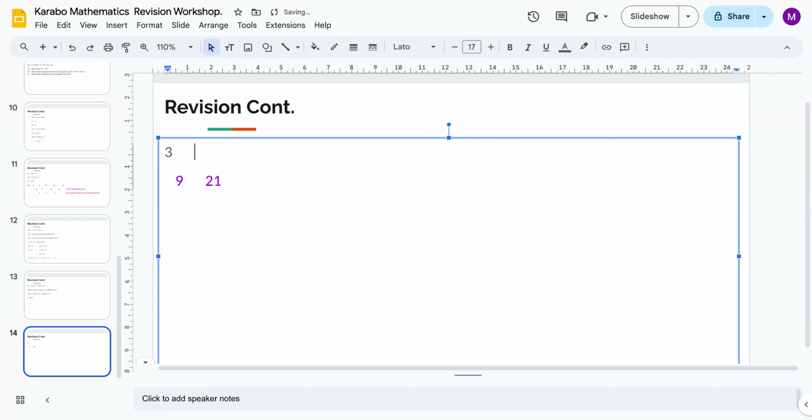And that will give me 12. But they've also given me the difference between the second and third term. Now to get the third term, I can add 21 to the 12, and that will give me 33.